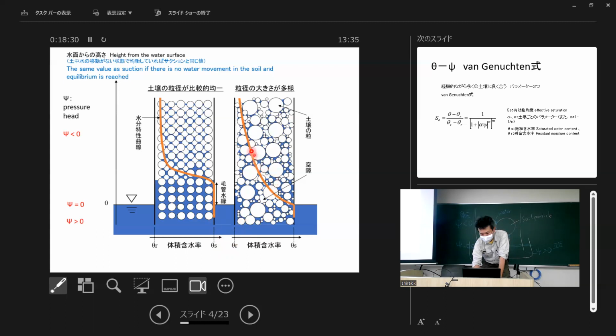So we can see differences in soil physics by checking the soil moisture characteristic curve.